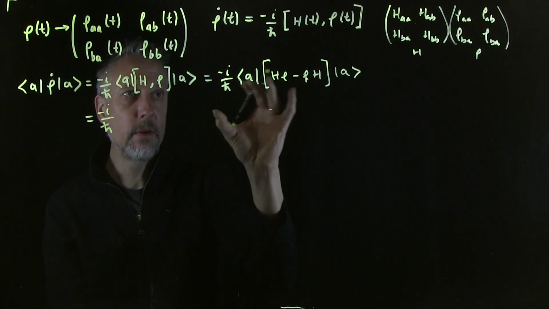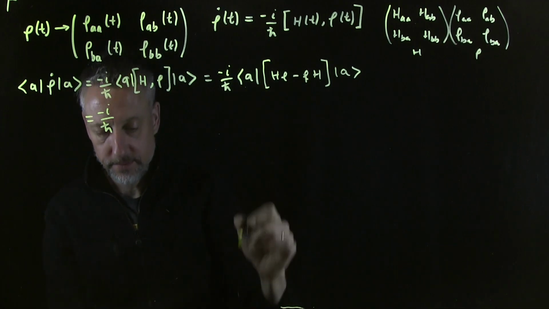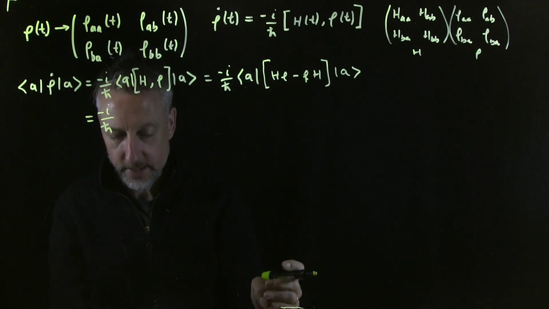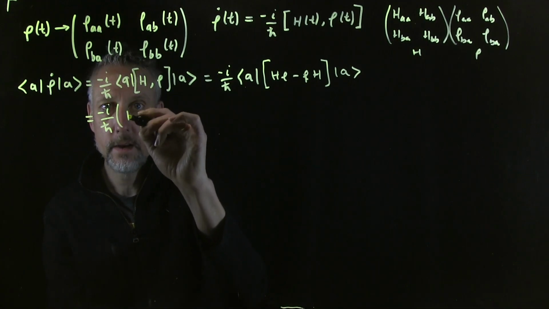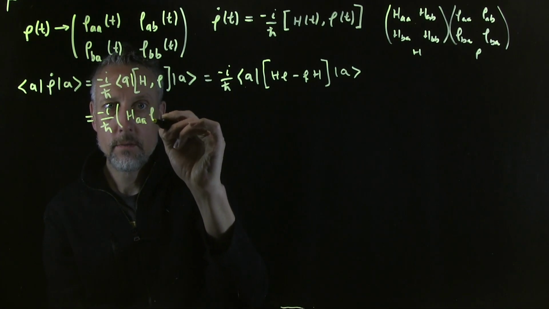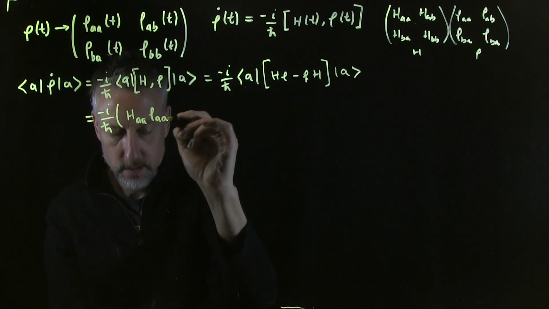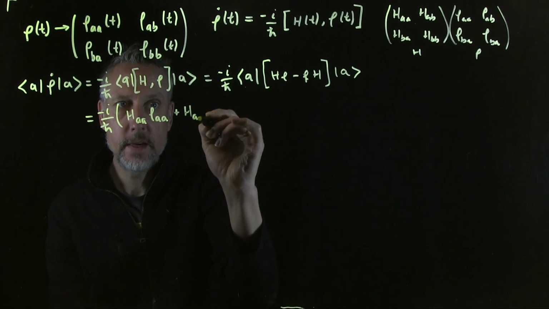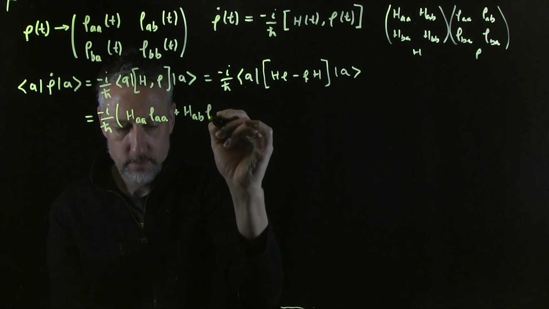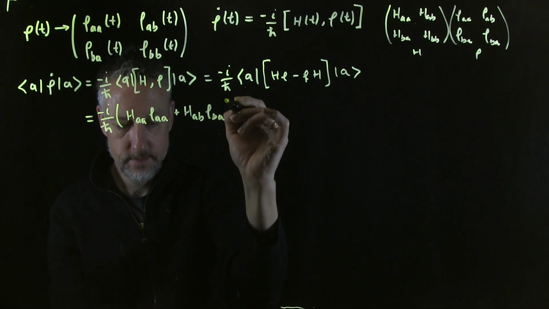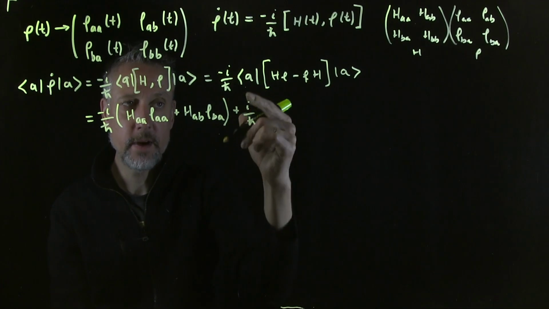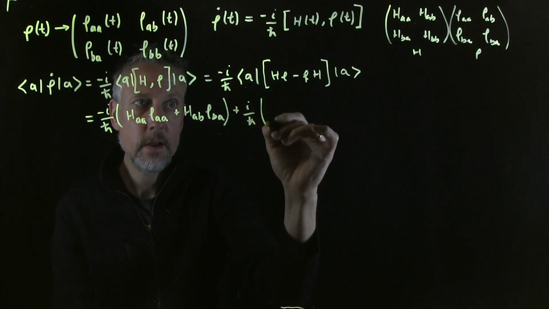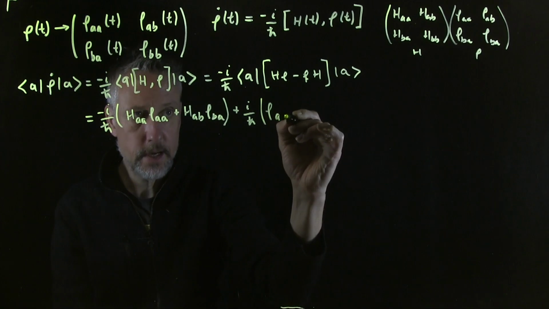Remember, we're taking the upper left term, the AA element of this. So that's going to be a bunch of terms. So HAA rho AA, plus HAB rho BA, plus i over h bar. Do you see that minus the minus? That's where the plus comes from. Rho AA HAA.